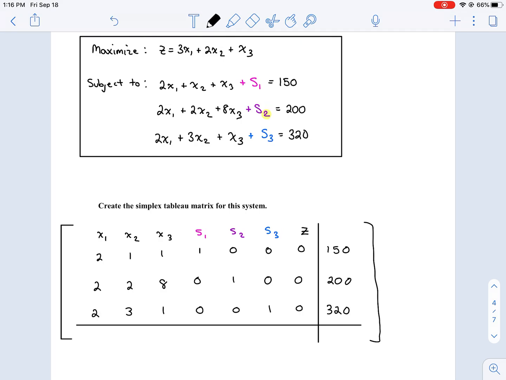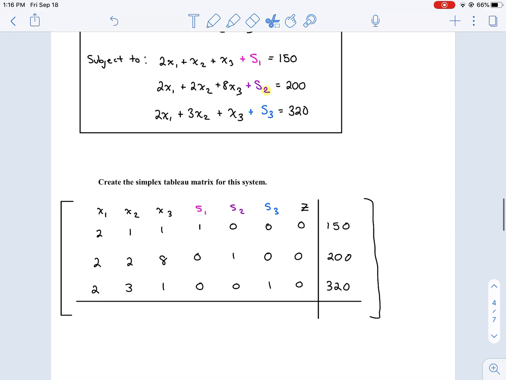Okay, so now that we have all of the constraints in this matrix, we now need to enter the function that we're trying to maximize. So what I'm going to do is extend this vertical line a little bit further, and make this side just a smidge neater.